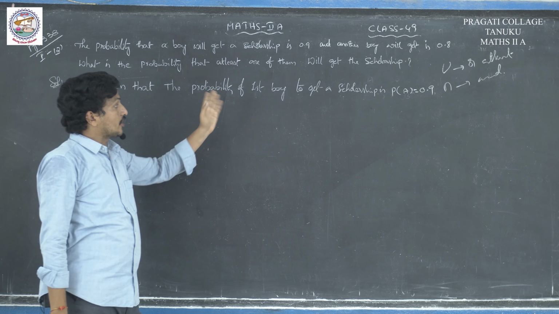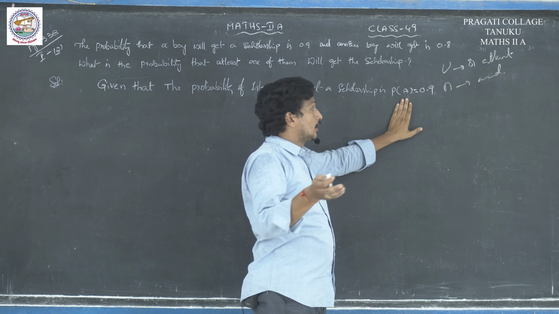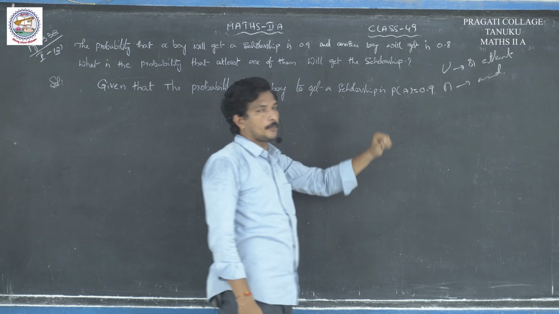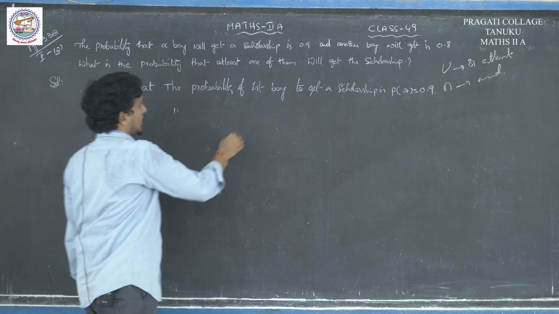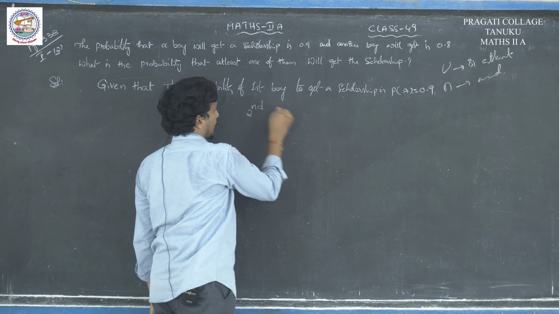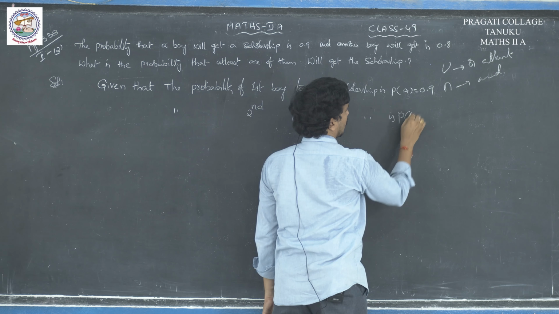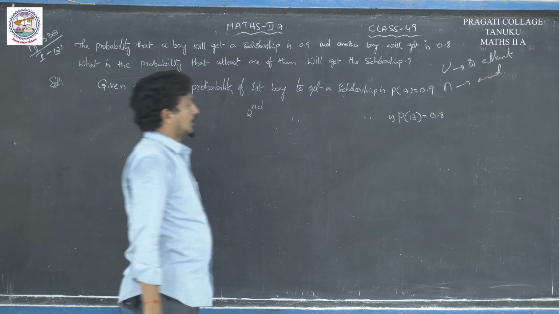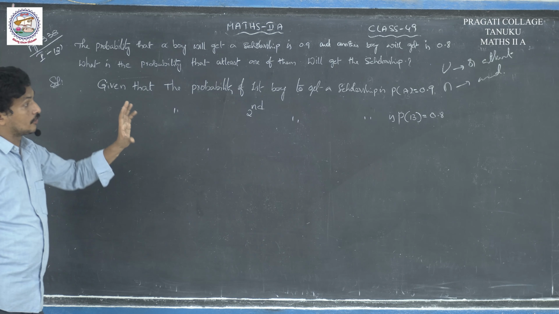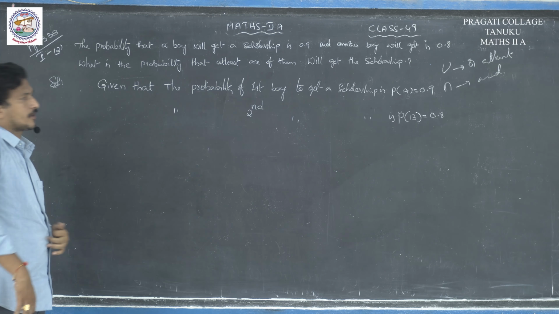If he misses the scholarship, it is denoted by P of A bar. And similarly, the probability of the second boy to get a scholarship is P of B is equal to 0.8. Okay students, these two are independent because there is no relation between A and B.